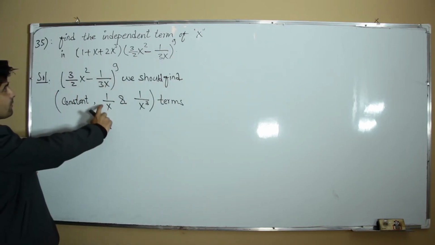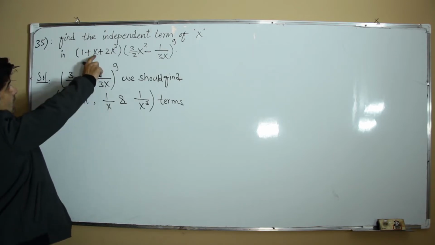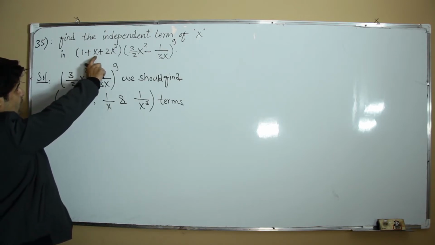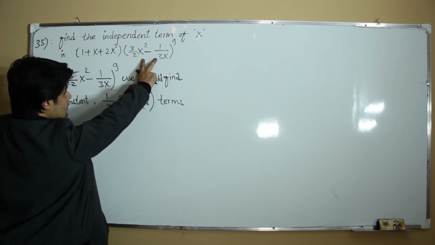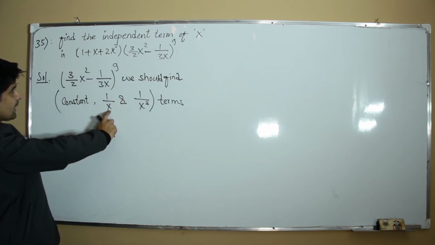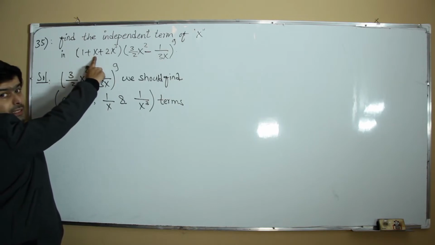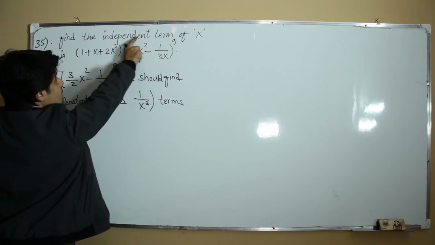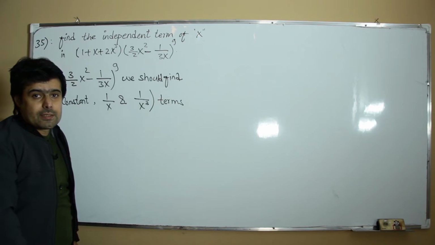Second, 1 divided by x, because the second term, if this one is multiplied by a term which has 1 divided by x, this x with this x is cancelled, so the term is independent of x.